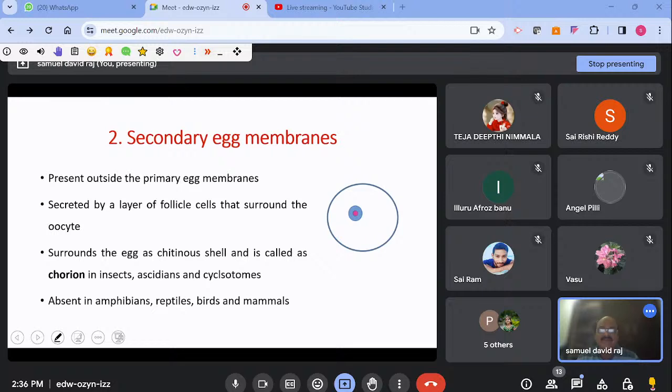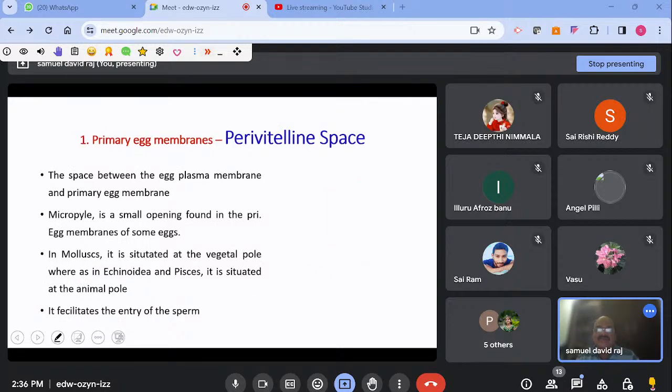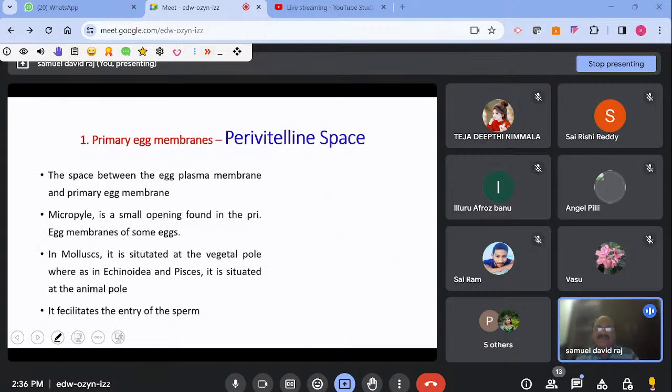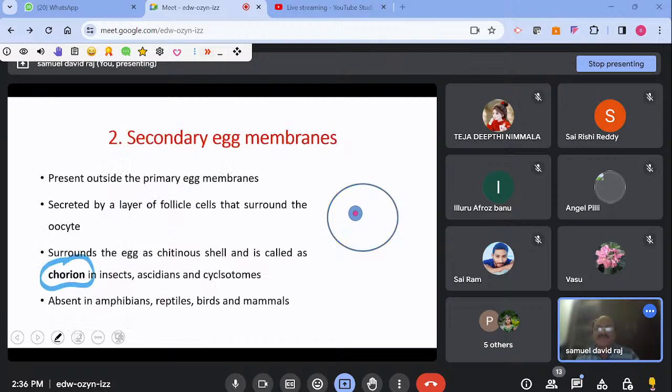In insects, ascidians and cyclostomes, this is called chorion. So there is a name called chorion. The vitelline membrane is called chorion in reptiles, and the same is repeated here also. The secondary egg membrane in insects, ascidians, and cyclostomes, which is in the form of a chitinous shell, is called chorion.